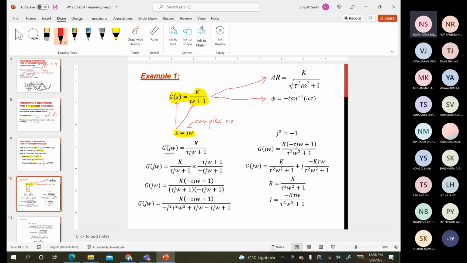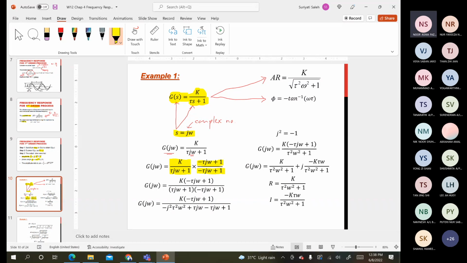So in order to eliminate the j, we multiply with the negative tau jw plus 1. When we multiply this equation, K over tau jw plus 1, we multiply with negative tau jw plus 1 over negative tau jw plus 1 for eliminating the j.